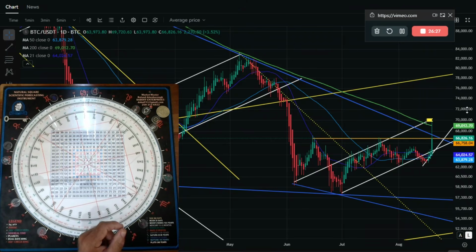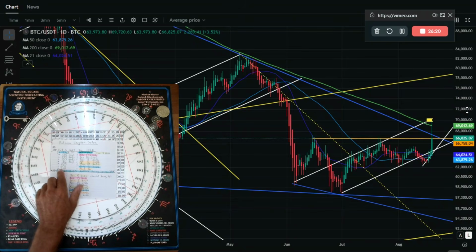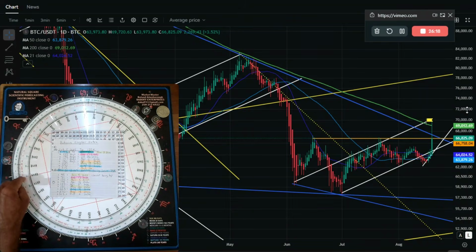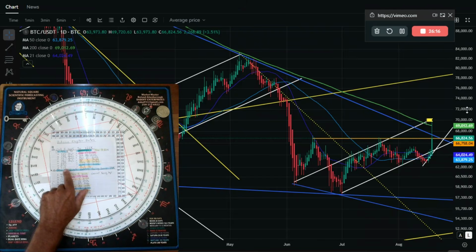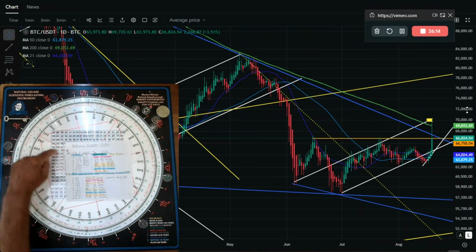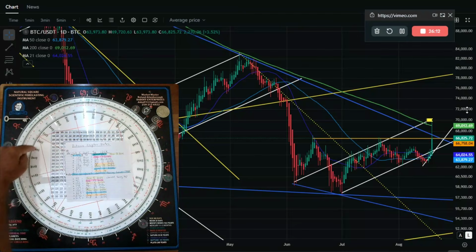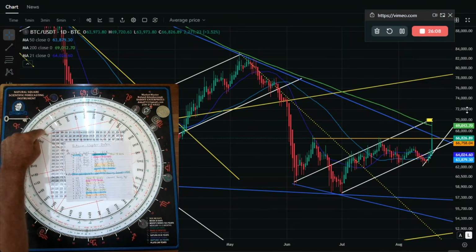Let's now take a look at what we were stating. From this October 5th, this 315 degree marker is this line here. You can see 310, 320, so 315 lands right here on October 21st.